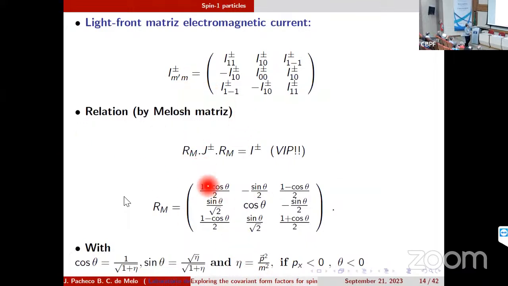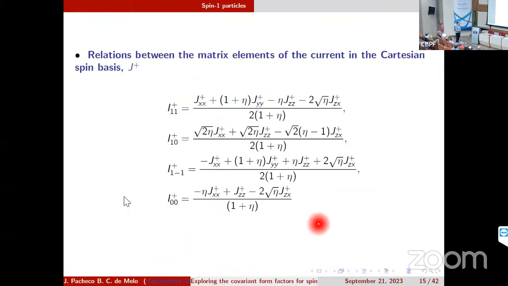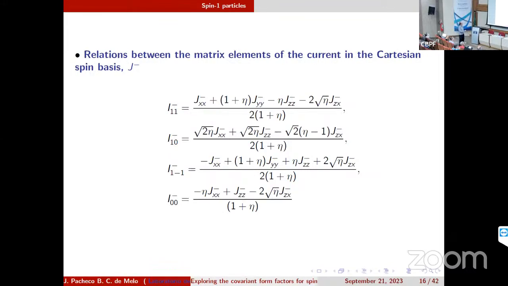Then you obtain the matrix elements in terms of the previous basis, the light front basis here. You see? 1, 1, 1, 1, 0, 1, minus 1, 1, 0, 0. Another gives 0. Then you have 4 matrix elements for light front. Also for the minus component it is the same. The form of the expressions is the same.